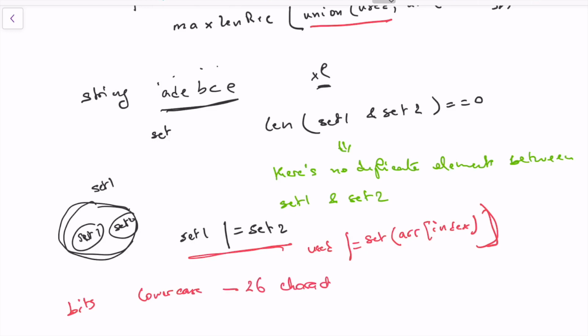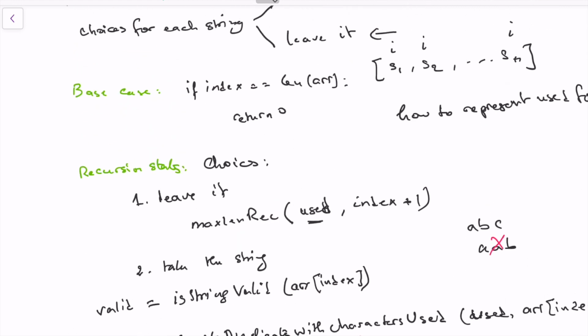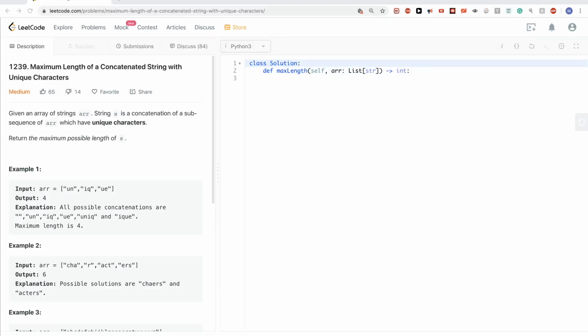That means we could just use a 32-bit integer, because 26 characters would fit into that. And with bits, the operations OR and AND are also possible. So that's pretty much it. Now let's code this up in a clean way and see if it passes the Leetcode checker. Okay, so let's code this solution now.